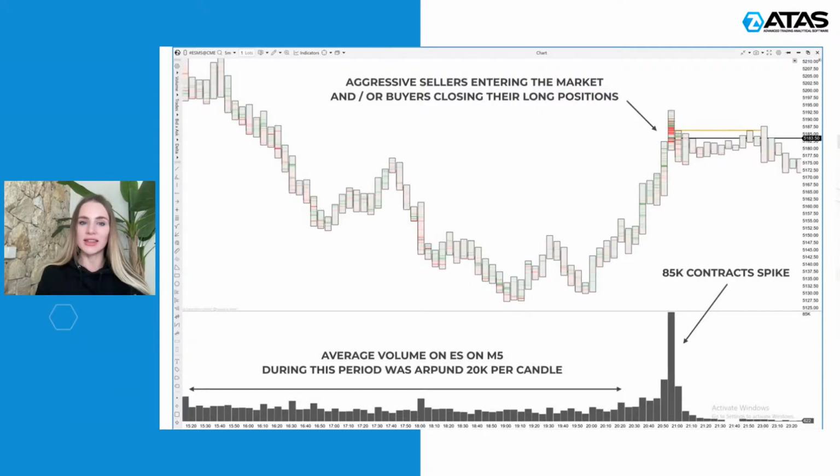On the left side, the average volume is approximately 20,000 contracts per candle. We see it steady and stable, and suddenly an 85,000 contract spike. This is more than 4 times bigger than the average volume traded during this period of time.